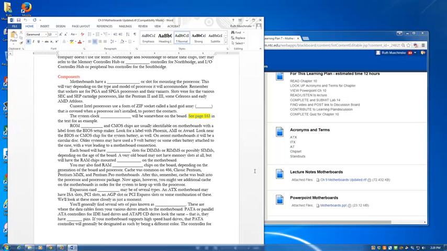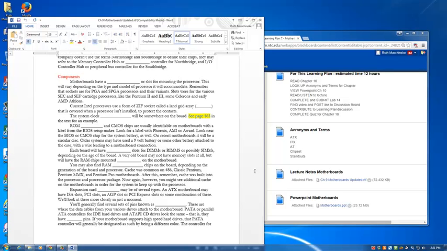Each board will have RAM slots for DIMMs or RIMs or possibly SIMs depending on the age of the board. A very old board may not have memory slots at all, but will have the RAM chips mounted directly on the motherboard. You may also find RAM cache chips on the board, depending on the generation of the board and processor used.